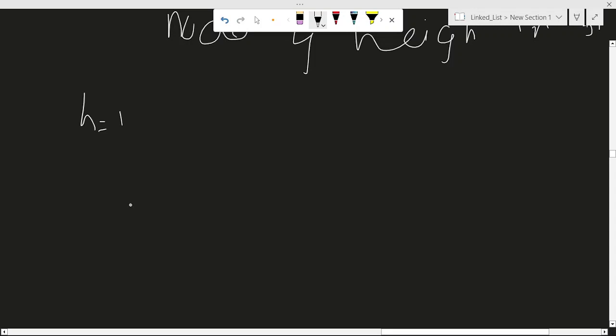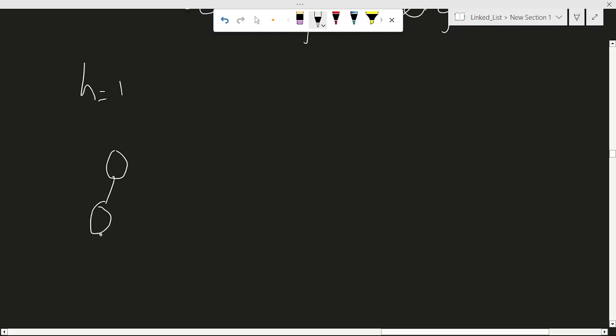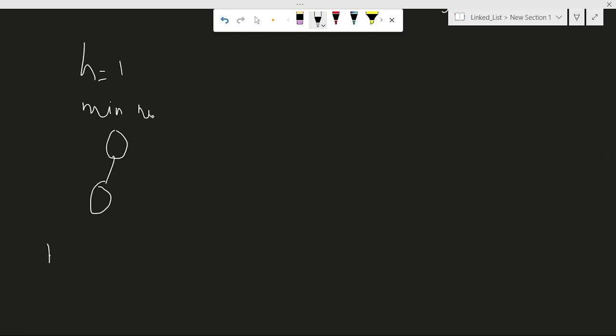So tell me, what is the minimum number of nodes that you need to reach h is equal to 1? Obviously, you need only 2 nodes. Minimum 2 nodes you need, right? Let me take it as minimum. Minimum nodes I need to reach h is equal to 1.